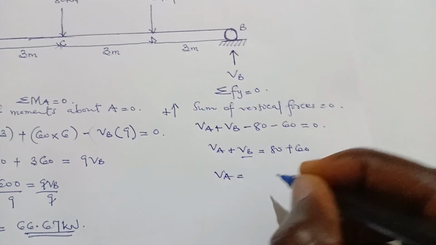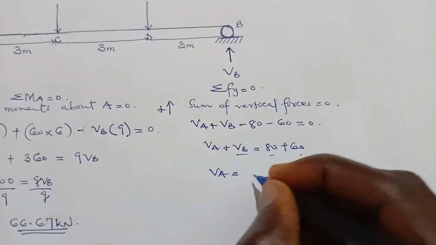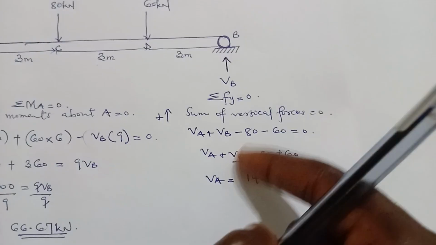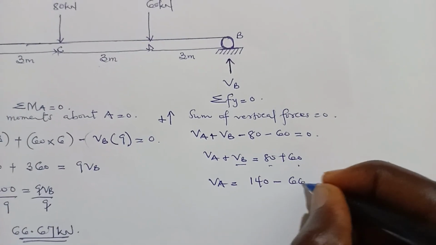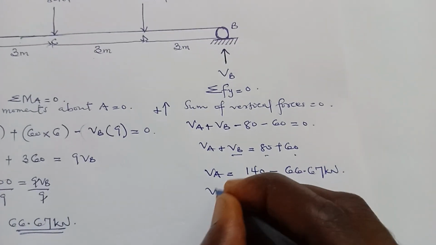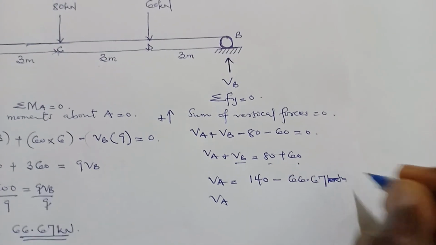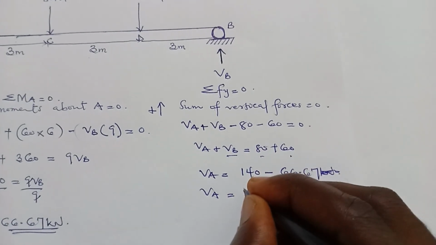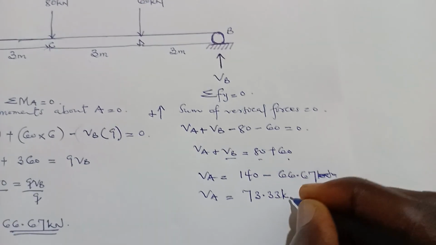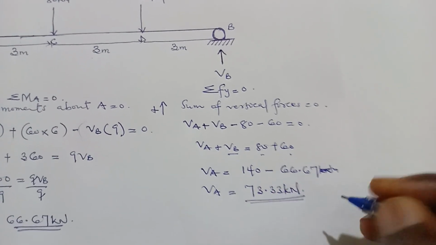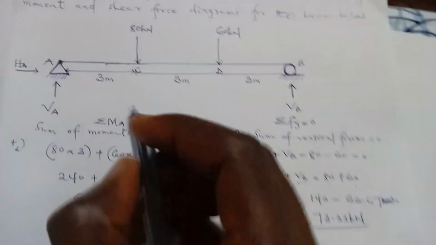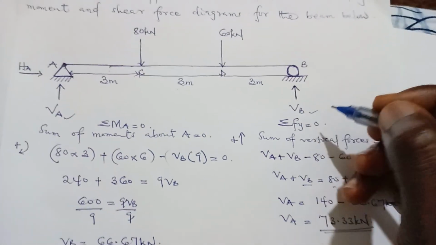VA is equal to 140 minus 66.67 kilonewton, so VA is equal to 73.33 kilonewton. So that's the vertical reaction VA. We've calculated VA and VB.